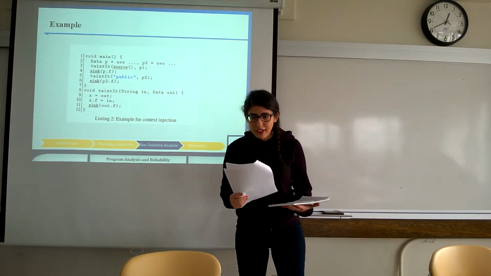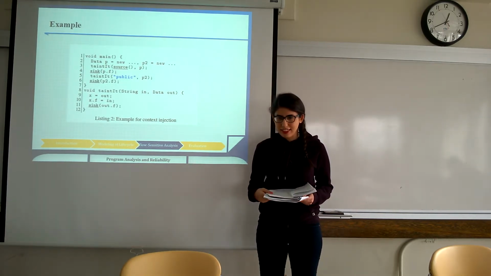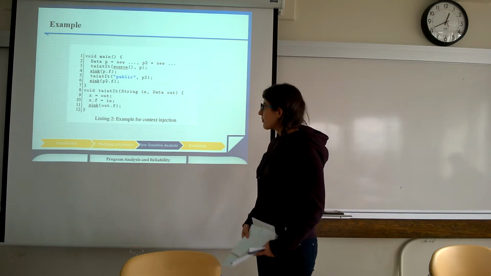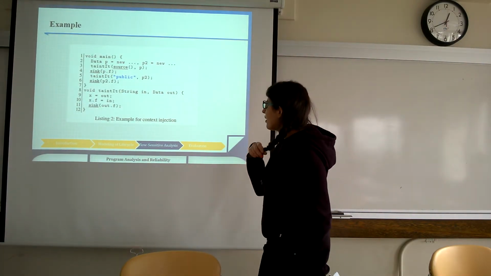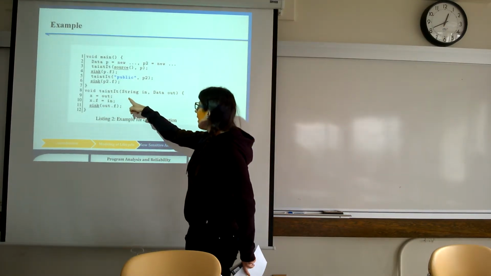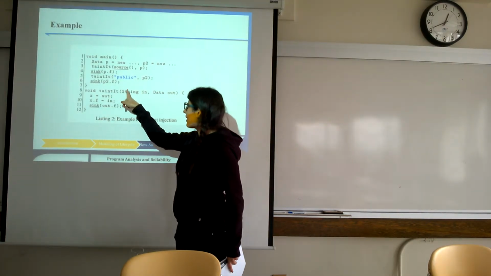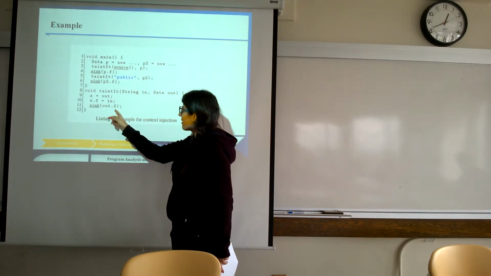Okay, here they illustrate how context sensitivity is important. The whole thing they're pointing out here is this function, tainted. It taints the value that gets passed in as an argument, and it sinks it out.